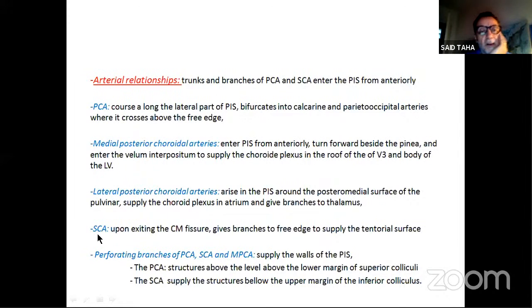The superior cerebral artery, upon exiting the cerebellomedullary fissure, gives branches to the free edge to supply the tentorial surface. And the perforating branches from the PCA, the SCA and the MCA supply the walls of the posterior incisural space.